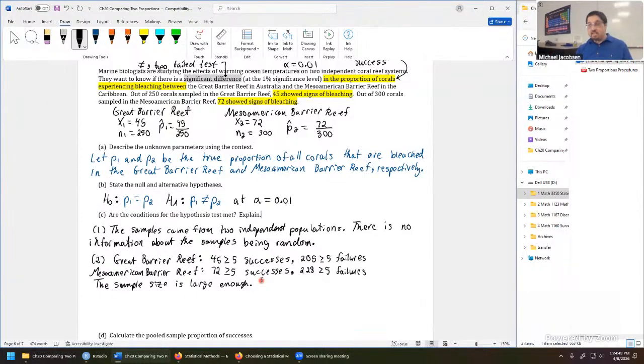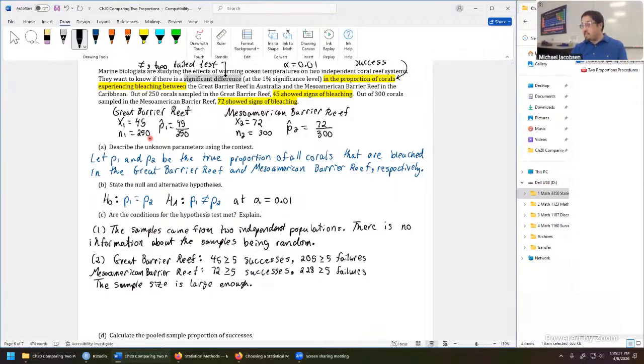Our benchmark was always that the sample we pull, when we think about the population size, the population should be at least 10 times as big as those two samples here. But if we're talking about corals in the Great Barrier Reef or the Mesoamerican Barrier Reef, there are millions of corals, if not billions. I'd say millions to around a range of 100 millions is appropriate. So these samples are very, very minuscule.